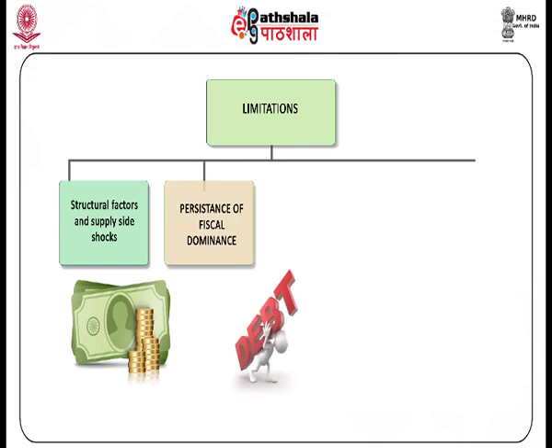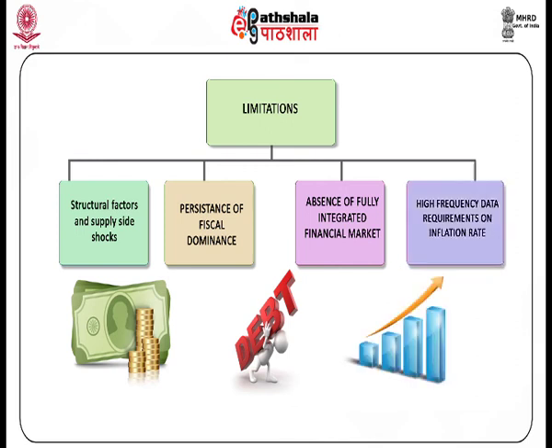B. The persistence of fiscal dominance implies that the debt management function gets linked up with monetary management function. C. The absence of fully integrated financial markets suggests that the interest rate transmission channel of monetary policy is weak. The lags in the pass-through from the policy rate to bank lending rates constrain the adoption of inflation targeting. D. The high frequency data requirements on inflation rate for targeting purposes are yet to be met in India.